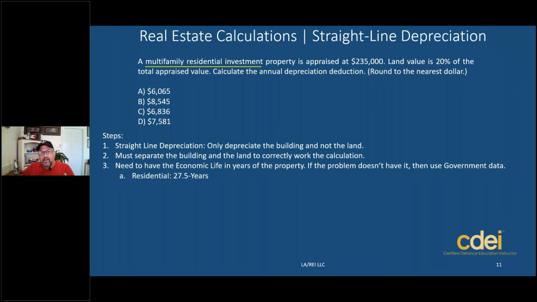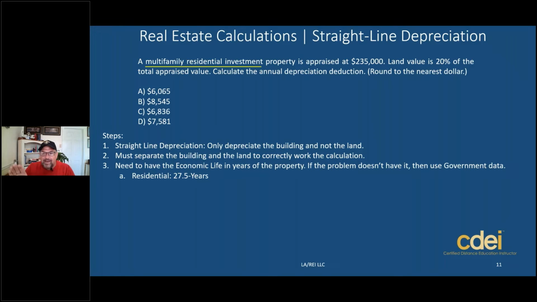What are we saying there? We're saying it's a residential. So our economic life we're going to use is 27.5 years. Okay, 27.5 years. All right, remember, we don't have an economic life in the problem. Now, if the economic life in the problem would have stated 30 years, 40 years, you use that.